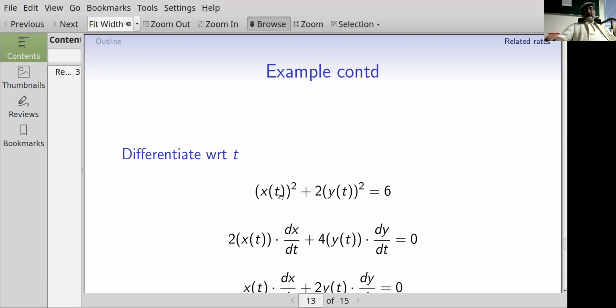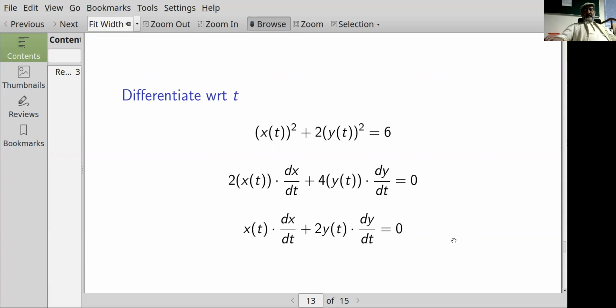So the derivative of x squared with respect to x is twice x times the inner derivative, dx/dt, plus the derivative of 2y squared with respect to y is 4y. And now you have to multiply according to the chain rule by the inner derivative. The inner function was y, so times dy/dt. And the derivative of the constant 6 is equal to 0.